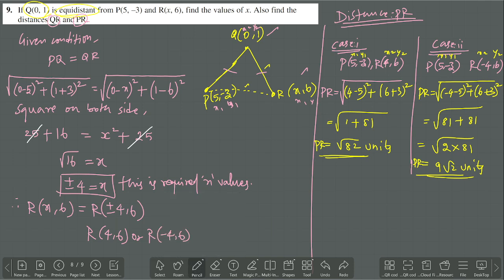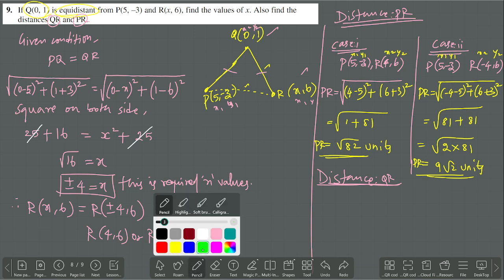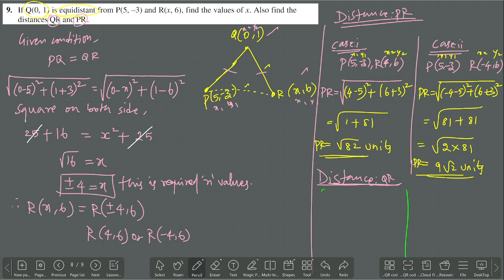Right, PR is over. Then I am going where? QR. So first they asked the QR. Okay, leave it, not a problem. So distance QR we are going to find. Understand? Make case 1, case 2 here. Okay, shall we go now?